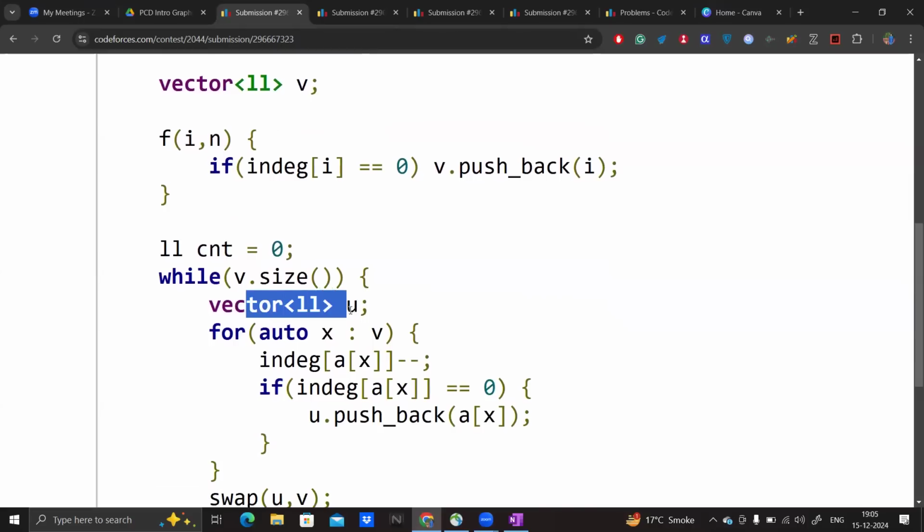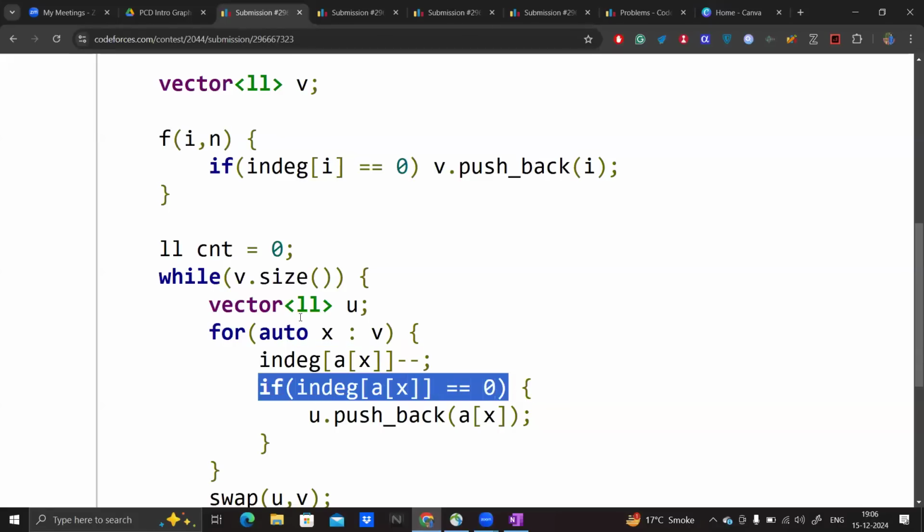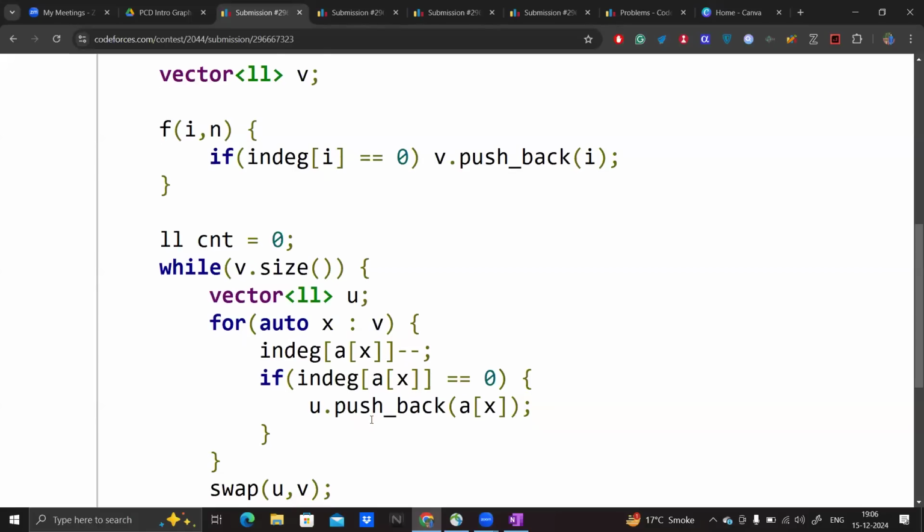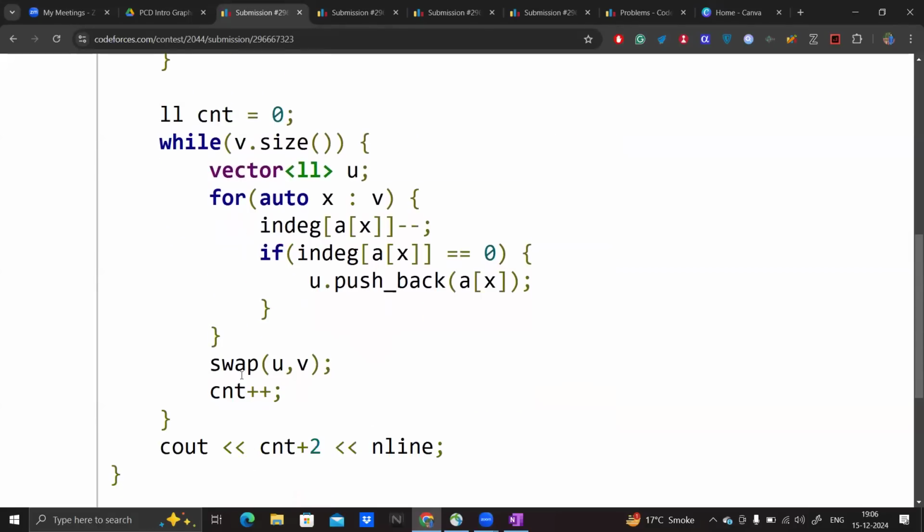I have a vector u in which I'll add those vertices which have become in-degree 0 right now. I'll iterate over all the vertices in v and delete them, which means I will decrease the in-degree of their child by 1. And if their in-degree becomes 0, then I will push that vertex back into this vector. And then I'll do swap(u, v).